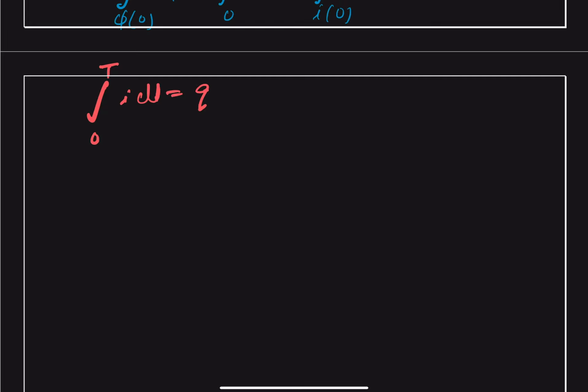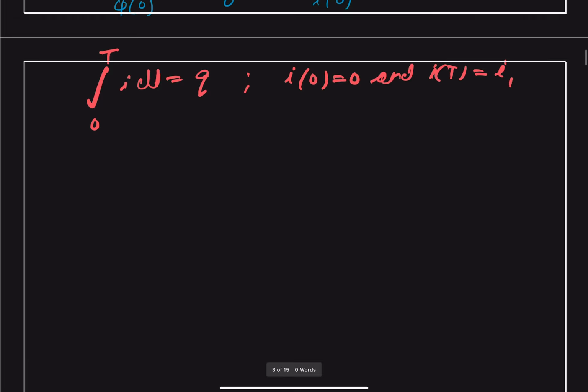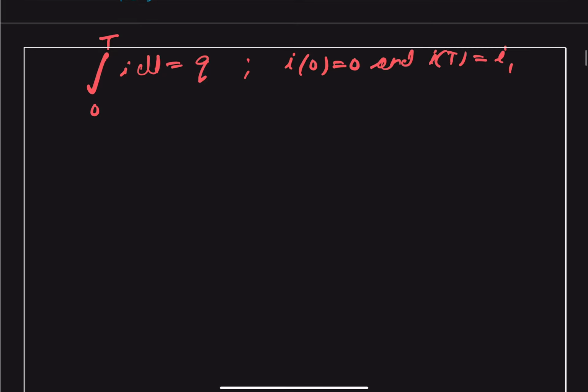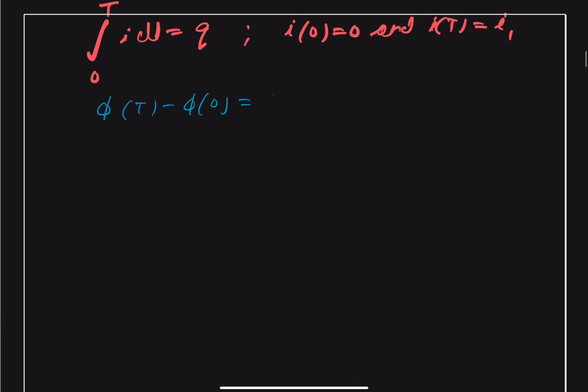and if we assume that the initial current is 0, so I of 0 equals 0, and final current is given as I1, therefore this equation will be written as phi of capital T minus phi of 0 will be equal to RQ plus L I1.